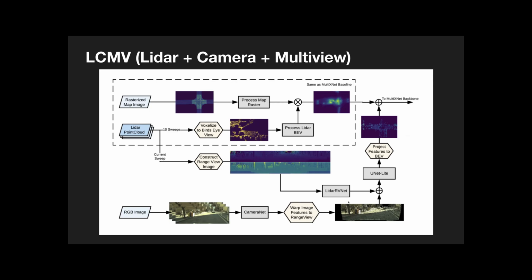Those are very small networks. Then the camera information is projected into the range view, into the LiDAR view. And at this point, the two can be fused and further feature extraction happens here. Again, that's a very small network. Then we take all these features and project them into bird's eye view, and at this point, we merge them back with the other modalities.